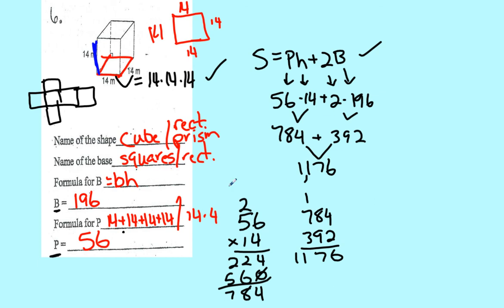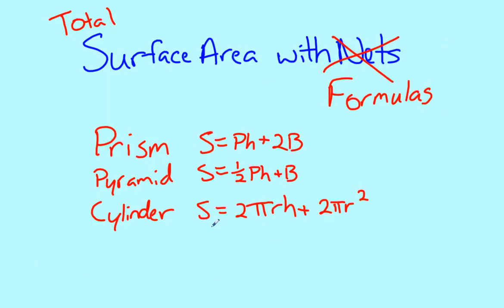So our answer is going to be a little bit different. This is 1176, and that's meters squared. Okay. So check over your notes. Use your formulas. Look these over, fill in the blanks, bring it tomorrow.